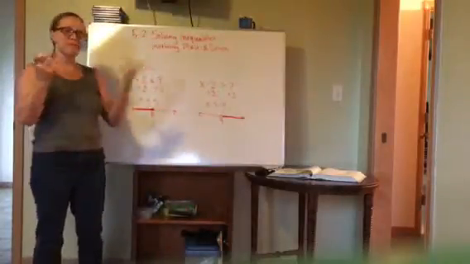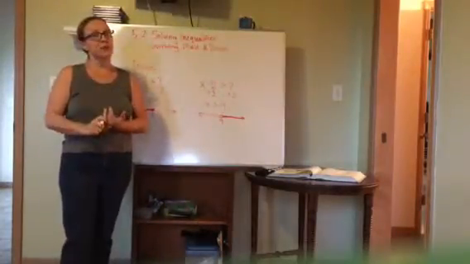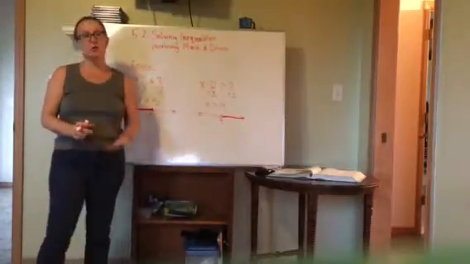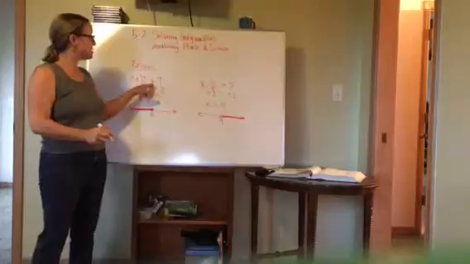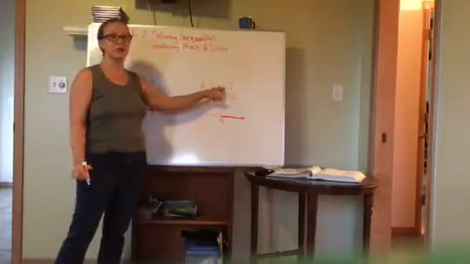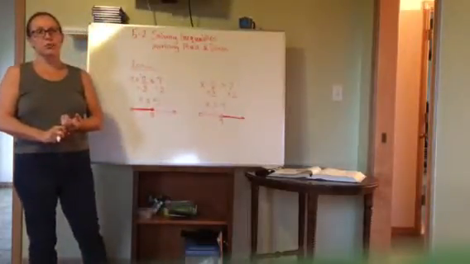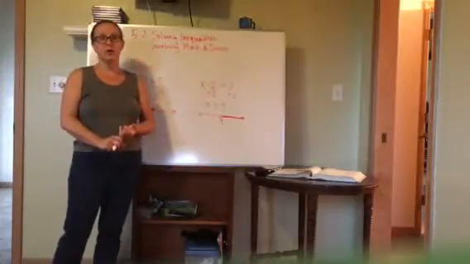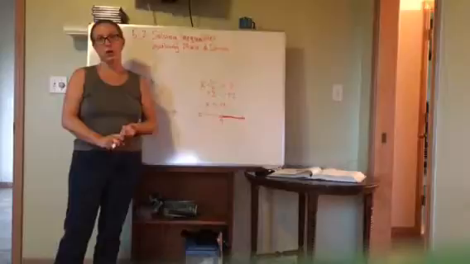And just to get all fancy on you, let's make sure we know the names of the rules that allow us to do these things, okay? So when this is an equal sign, an equation, the rules that allow us to do this are called the addition property of equality or the subtraction property of equality.